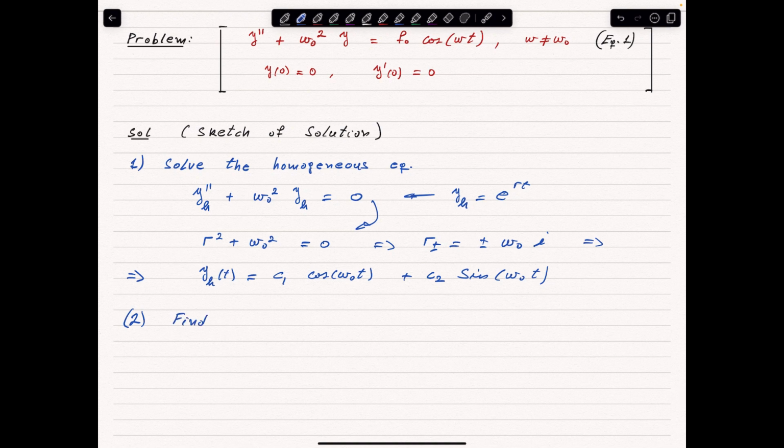Find yp of t, a particular solution of the non-homogeneous equation.